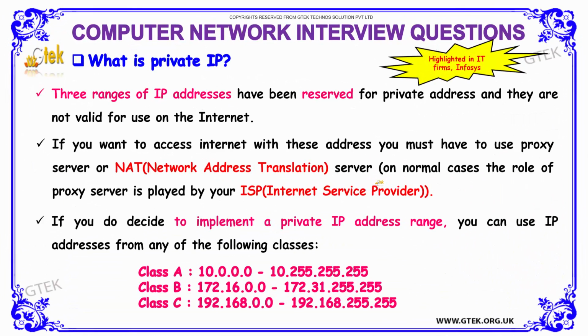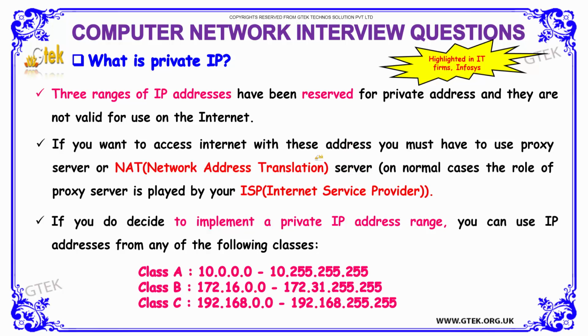Our next question is, what is private IP? There are 3 ranges of IP addresses that have been reserved for private addresses, and they are not valid for use on the internet.